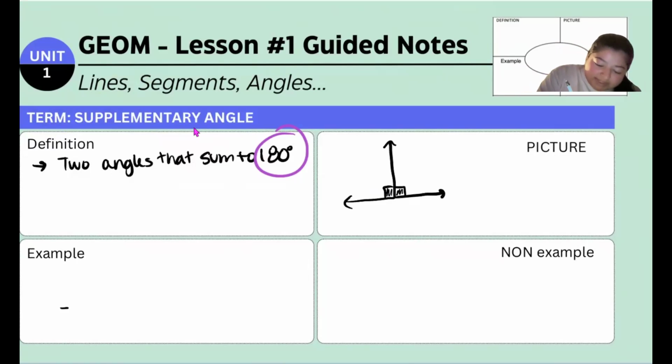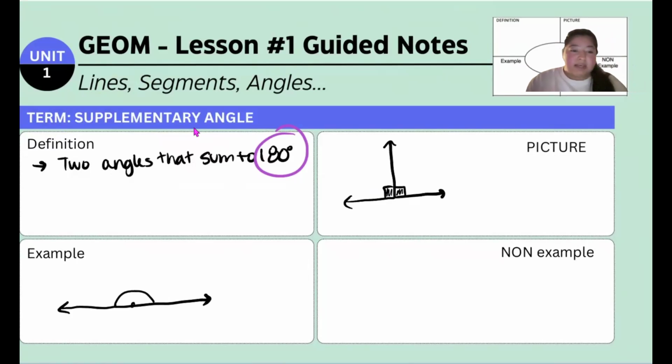Okay, so let's say we have a straight line because we know a straight line sums up to 180 degrees. Now let's say we have one angle that measures, well, what's something that when you add, it gives you 180? What if this is 130? And we're going to talk about why I know this one is 130 in the next lesson.